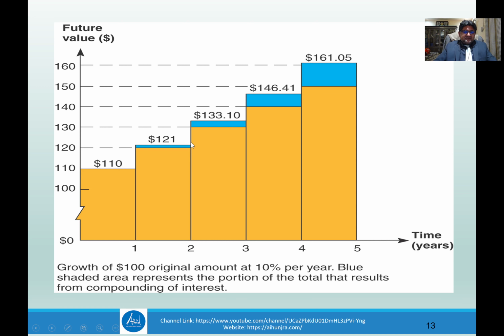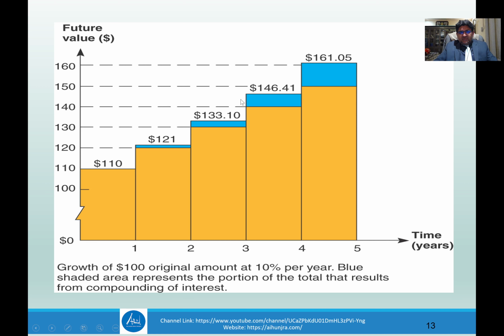As I explained in my first slide, simple interest is applied only on the original amount, but compounding is applied on the original plus the interest earned on the interest. In the fourth year, simple interest gives 140, but compounding gives 146.41.